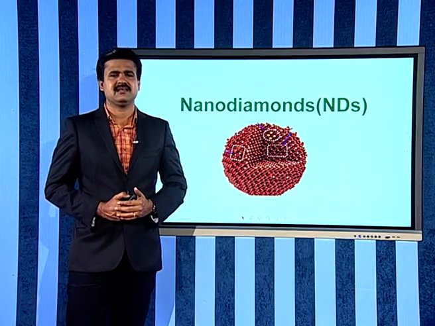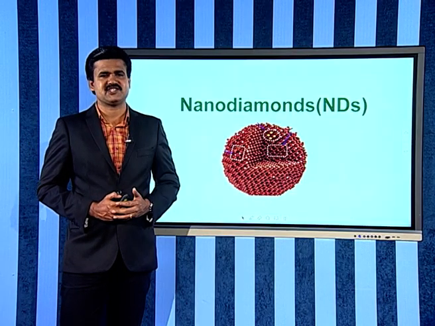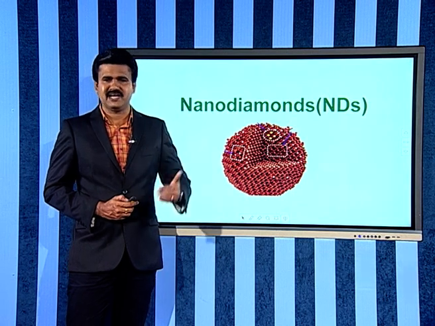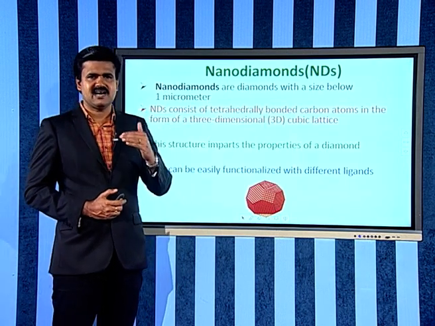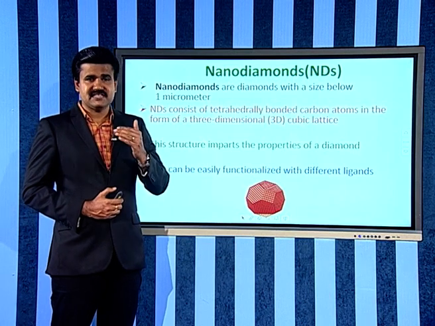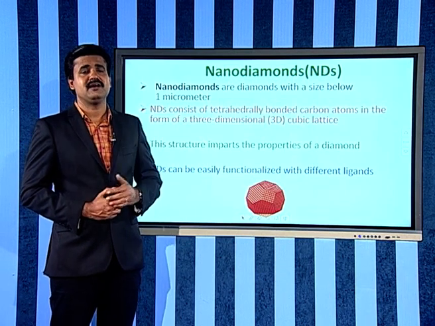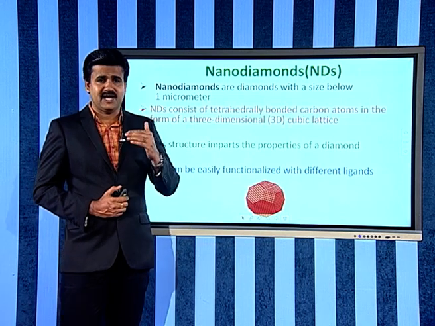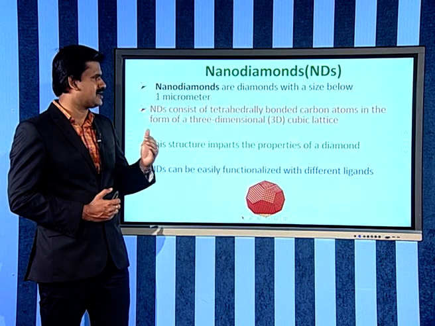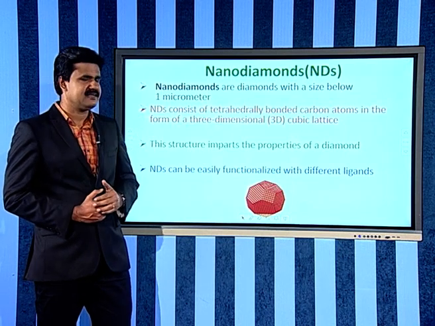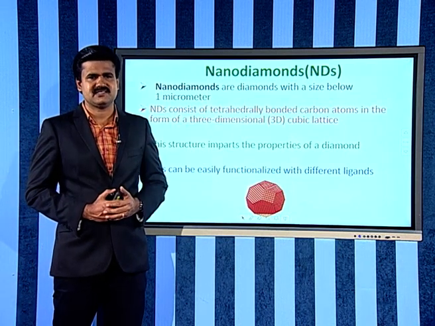Last category under today's discussion is nano diamonds. Nano diamonds or NDs are diamonds with size below 1 micrometer. Nano diamonds consist of tetrahedrally bonded carbon atoms in the form of a three-dimensional cubic lattice.